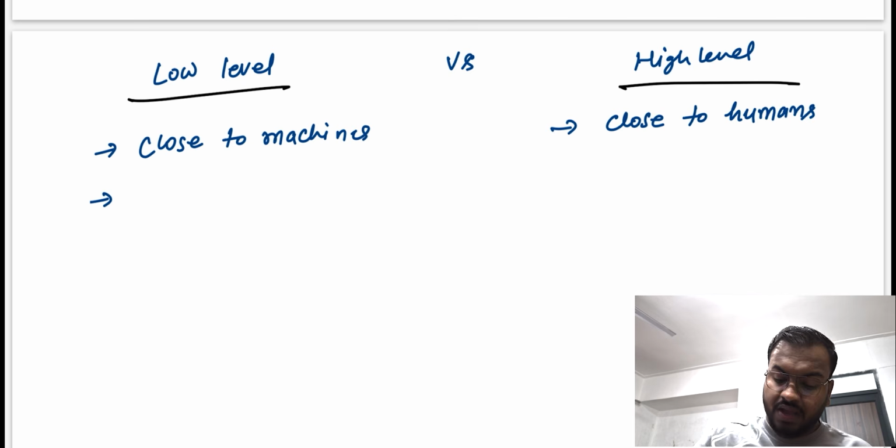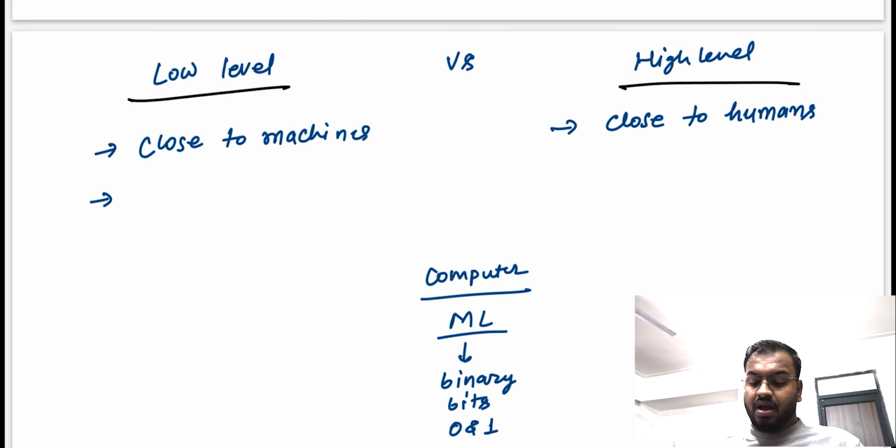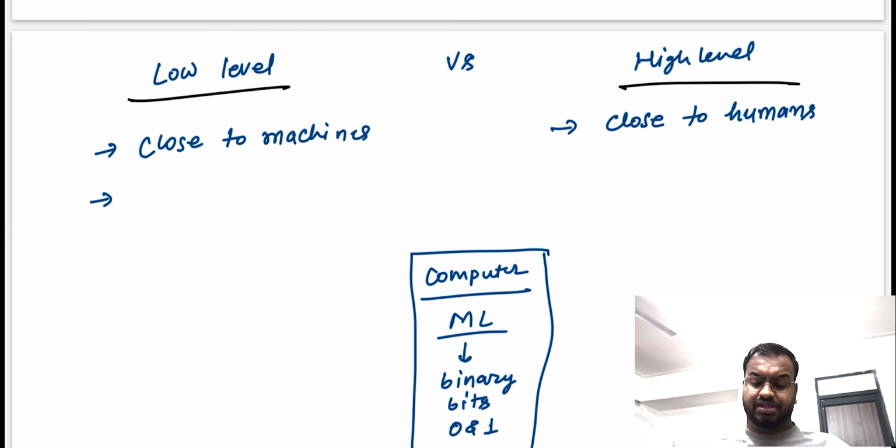For example, computer understands machine language, and machine language is nothing but the language written in binary bits, that is 0 and 1. For a human, it is very tough to understand everything in binary bits. That's why these languages have been introduced, so that humans can easily interact with the machine.